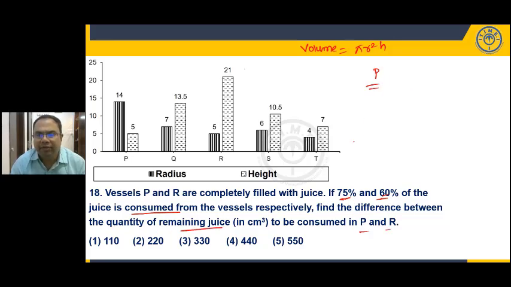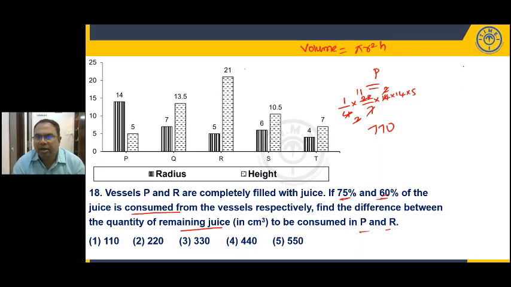P, 75% consumed. So 25% remaining. So it is 1 by 4 of pi r square h, 22 by 7 into radius of P, 14 into 14 into 5. So 7 goes 2 times, 2 goes 2 times, 2 goes 11 times. 70 into 11. 700 plus 70, 770.